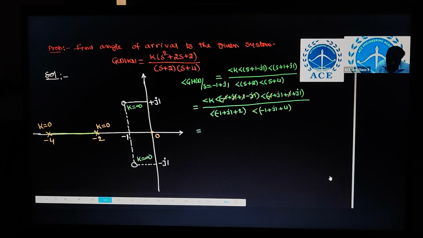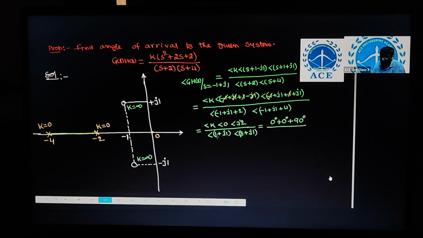-1 plus 1, j1 cancel, 1 1 cancel. Now come on, tell me. Angle of K, angle of 0, angle of j2, angle of 1 plus j1, angle of 3 plus j1. Use the calculator, tan inverse of imaginary part by real part. Angle of K is 0 degrees, angle of 0 is 0 degrees, angle of j2 is 90 degrees, positive imaginary 90.